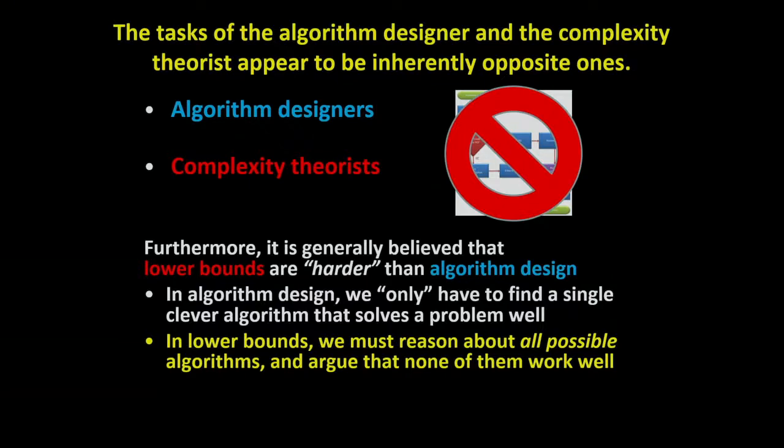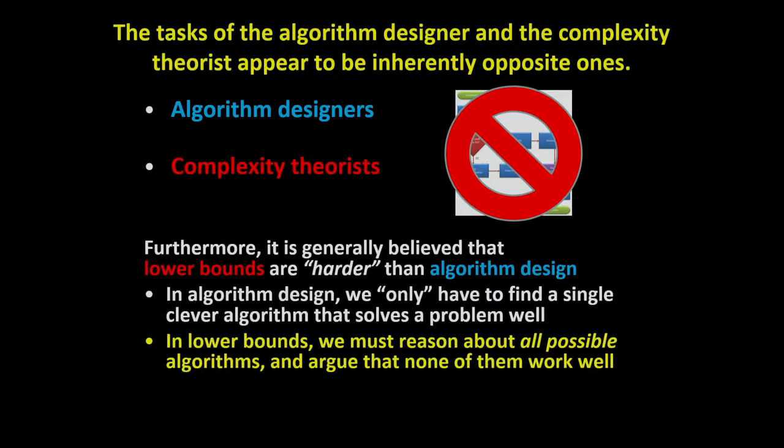Well, Russell sort of hinted at the kind of false difference between these two, that is my intuition about these things. In worst case algorithm design, for example, yes, we only have to find a single algorithm that works well, but it needs to work on all possible inputs, including ones we will never see.